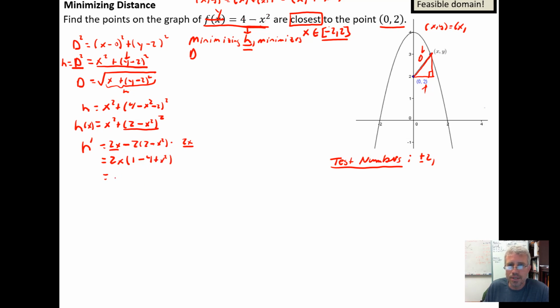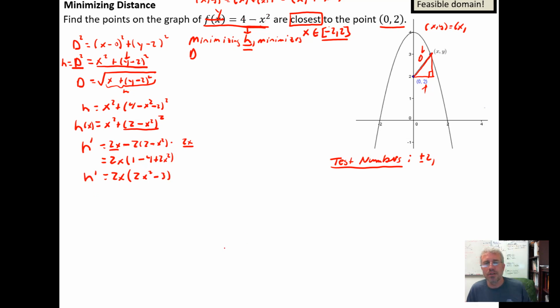And then this simplifies a little bit: 2 times x squared is 2x squared. So this is going to be 2x times 1 minus 4 is negative 3 plus 2x squared. So I'm really going to get a 2x squared minus 3 sitting inside the parentheses.